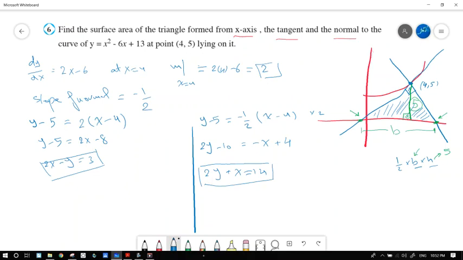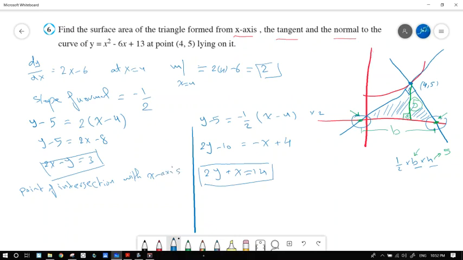Now I need to find the point of intersection with the x-axis, for the tangent and the normal. So here, the point of intersection with the x-axis.